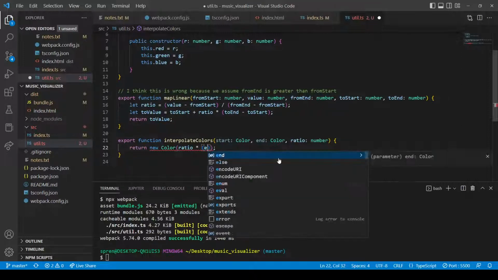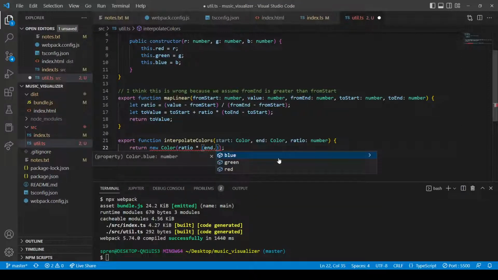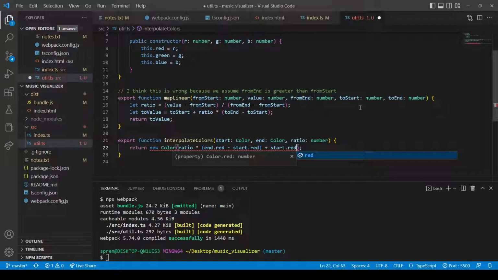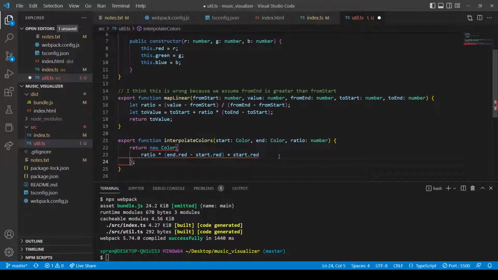Ratio times end dot red minus start dot red, and plus start dot red. I think that is the trick. And then we do this 3 times.